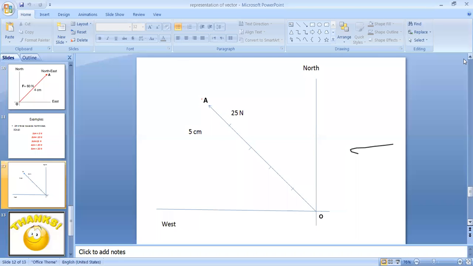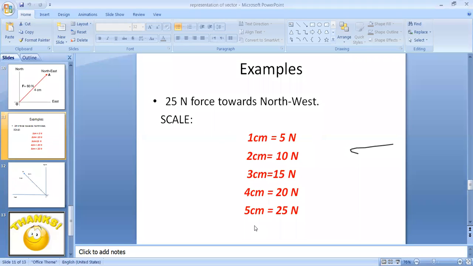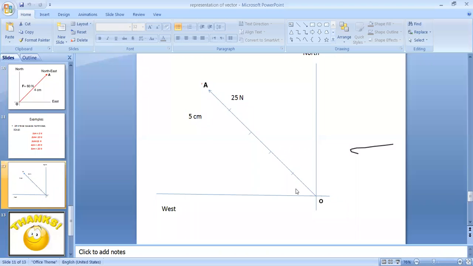Now put your scale on point O, and what is your last measurement? 5 centimeter. And your total force is 25 Newton. It means 5 centimeter is making 25 Newton force. So make a line 5 centimeter.